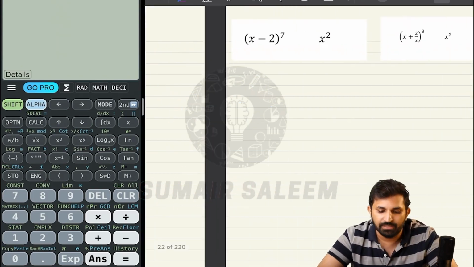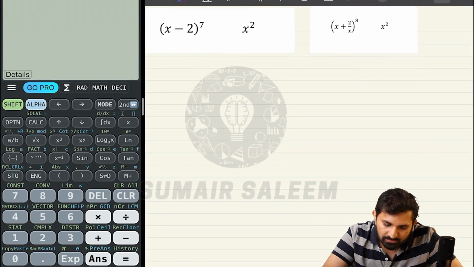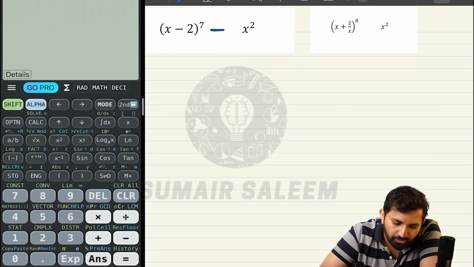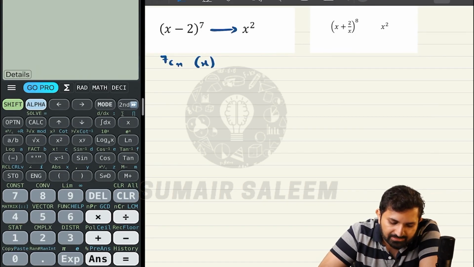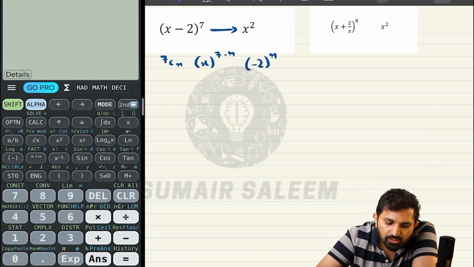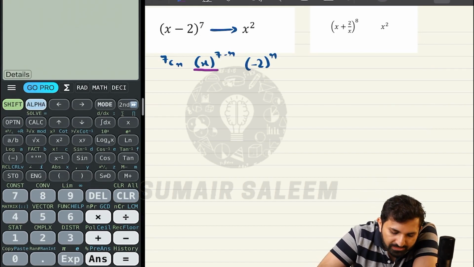Then you need to compare with x and find the value of r and then solve. Let's do more examples on this. Now these are the two questions. In this question, I need to find the coefficient of x square. So I'm going to write this as 7Cr x^(7-r) (-2)^r, right? Now you focus on x only.